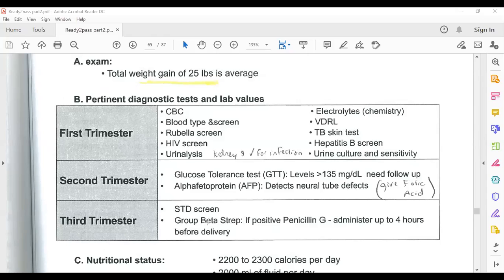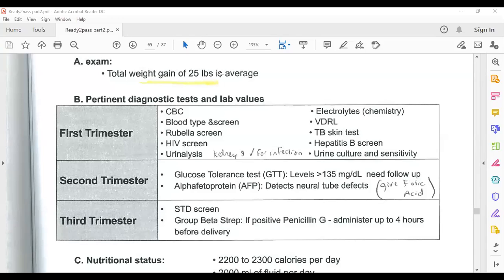So now also it is important during the delivery or during the antepartum care, we have to measure the total body weight. So total weight gain, okay? Definitely when a girl becomes pregnant, her body weight gains, and a gain of 25 pounds is average, right?